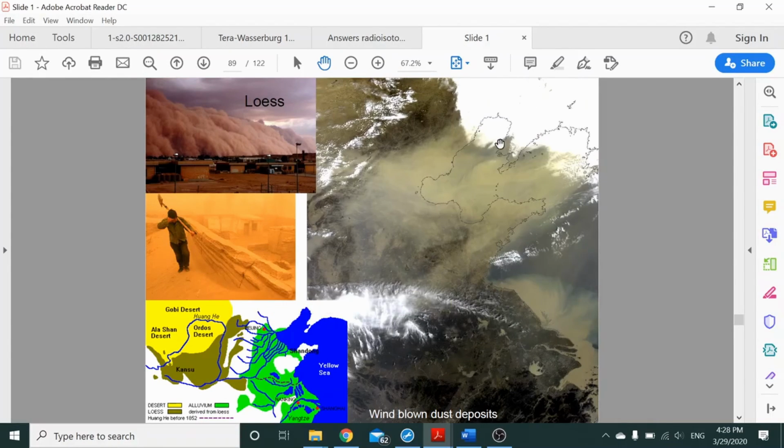And this loess travels from West China and the Mongolia area all the way to East Asia, to Japan, to Korea, to Hawaii, and even the people who study dust in America found that this loess was actually transported from Asia. So loess can be transported over a long distance.